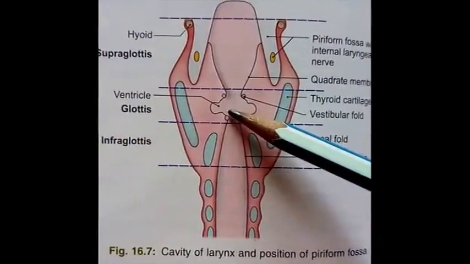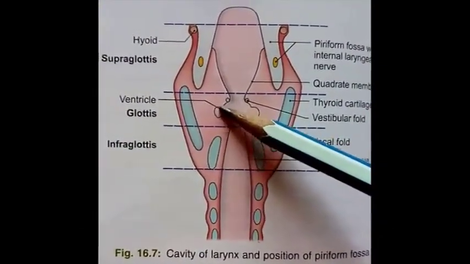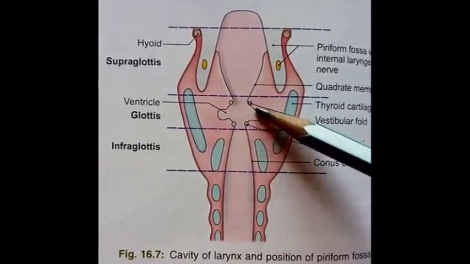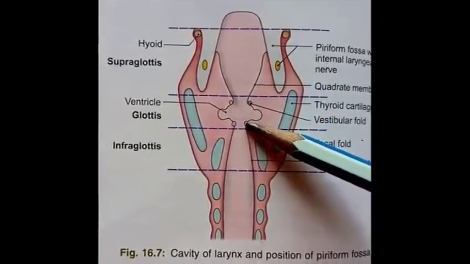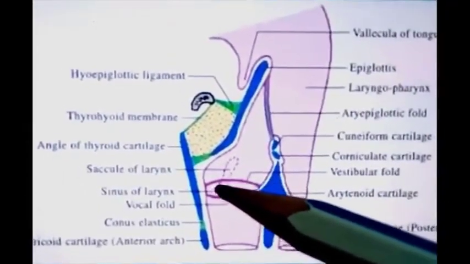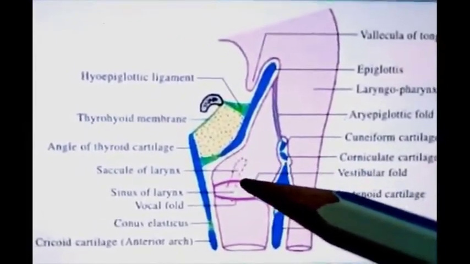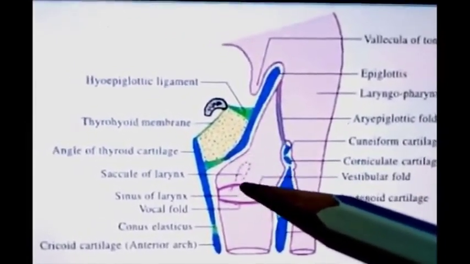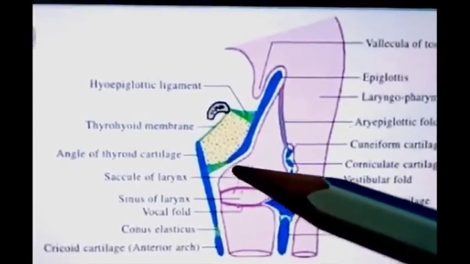Ventricle, sinus of larynx or sinus of Morgagni. It is a fusiform cleft which is present between the vestibular fold and the vocal fold. The anterior part of the sinus is prolonged upwards in the form of a diverticulum between the vestibular fold and the lamina of the thyroid cartilage.